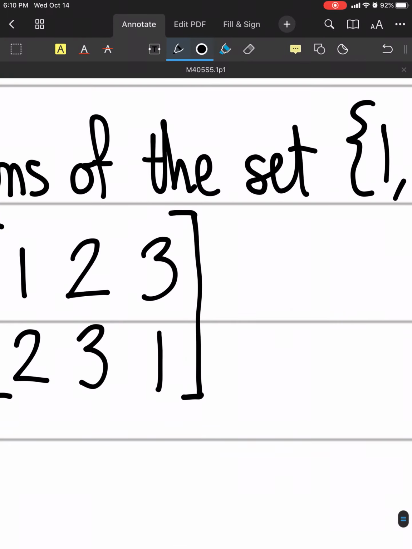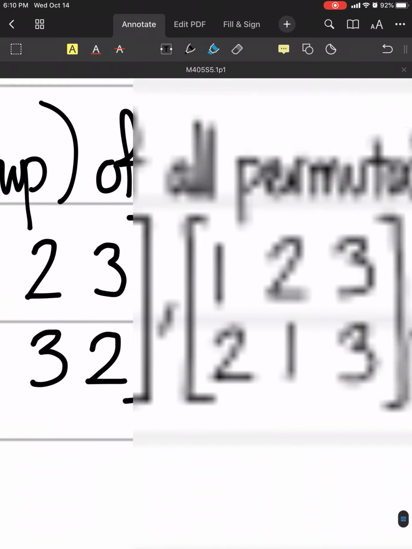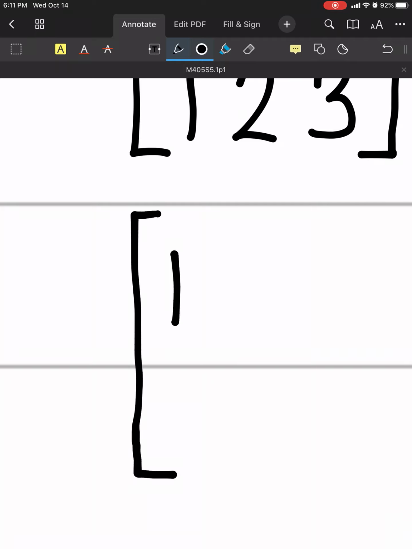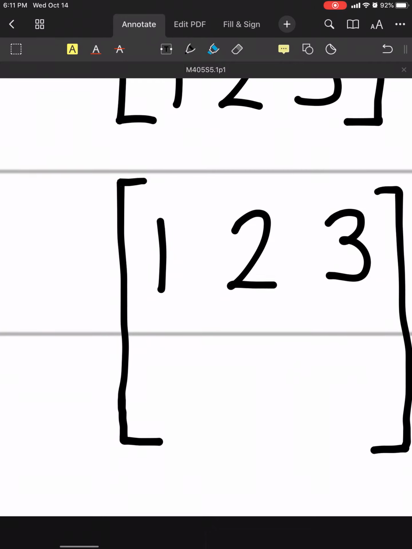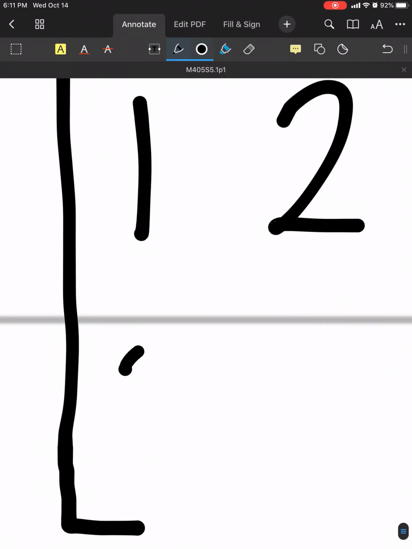Let's see, I'm going to have to finish up on the bottom row. This is going to make things pretty tight, but whatever. I can do it. All right, so here, 1, 2, 3. We've already looked at all the possibilities where 1 goes to itself and where 1 goes to 2. So the remaining ones have to have 1 go to 3.